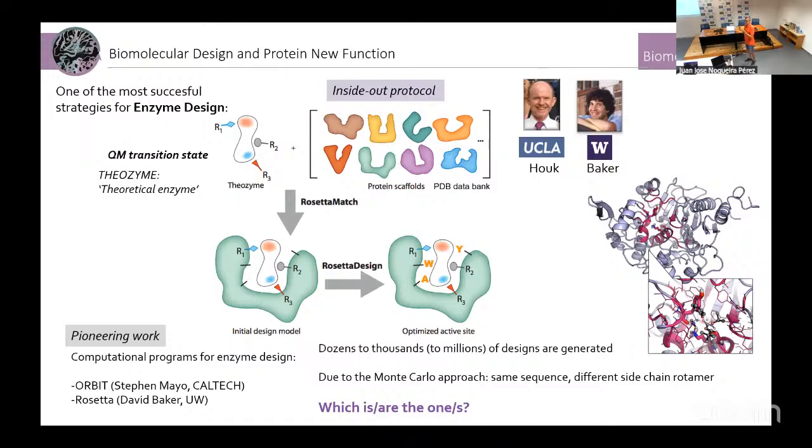So that was the idea, combining these two approaches, the energetics for the chemical reaction and the energetics, so the free energy of protein stabilization.